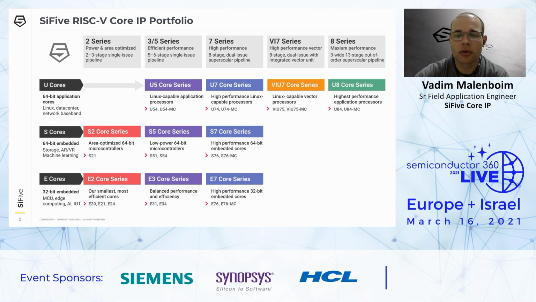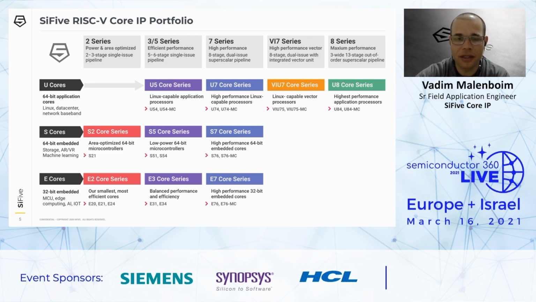The Unleashed board is powered by U54 multi-core, which is a core complex including 4 U54s and 1 S54 core. This gives the ability to both run Linux and a real-time operating system on the S54 real-time core.